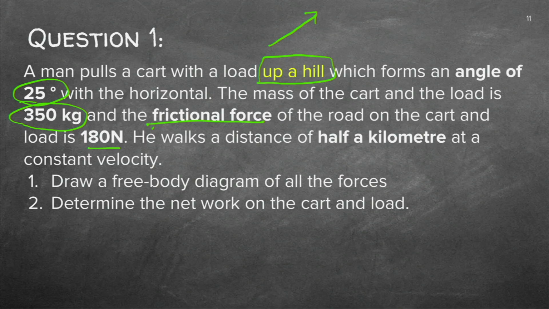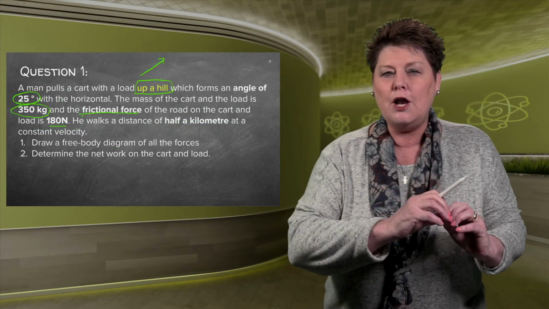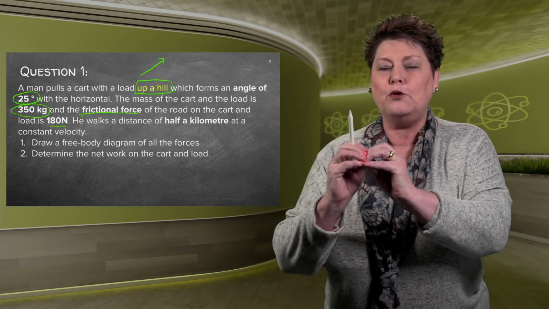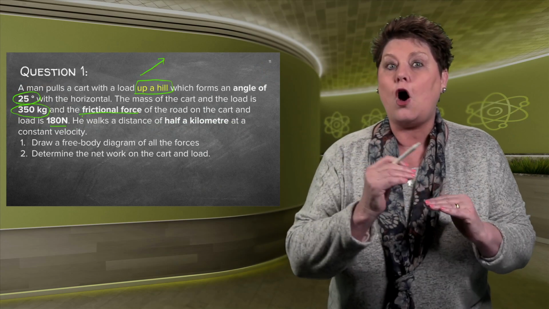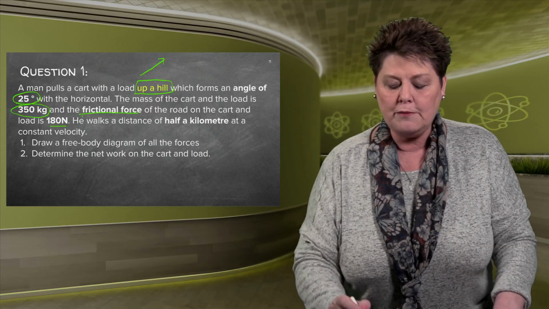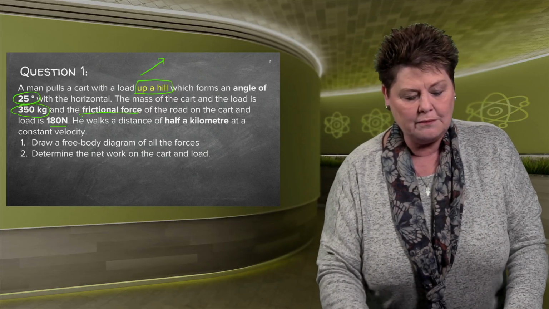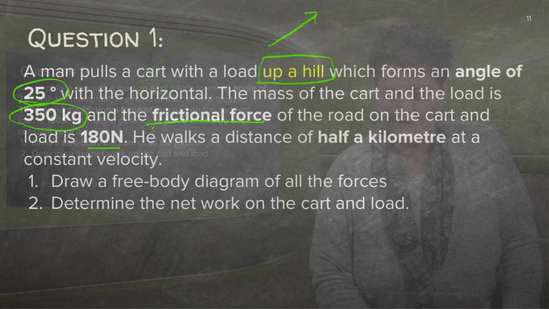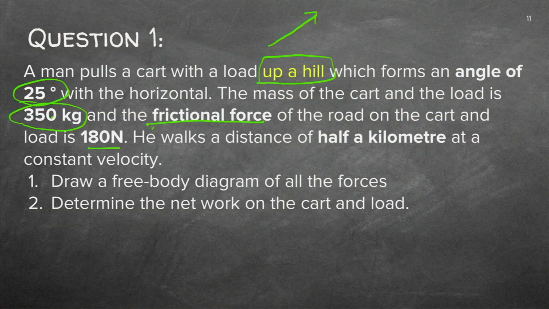So you've got to get your picture of a load that's being pulled up, but there's friction in the opposite direction. And because they give you your mass, you can immediately calculate your gravity. The friction is 180, and then they say it's a distance of half a kilometer that's being covered.